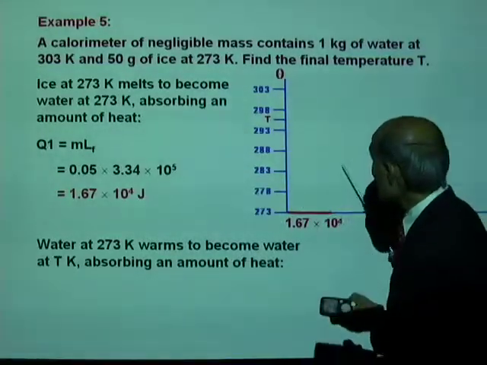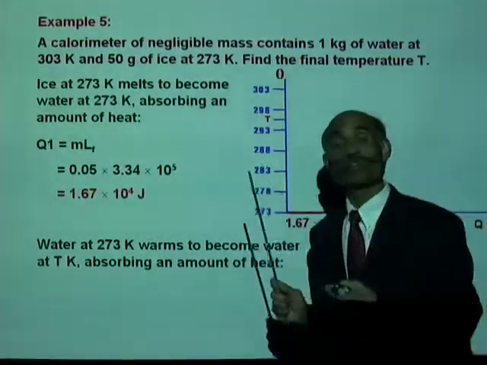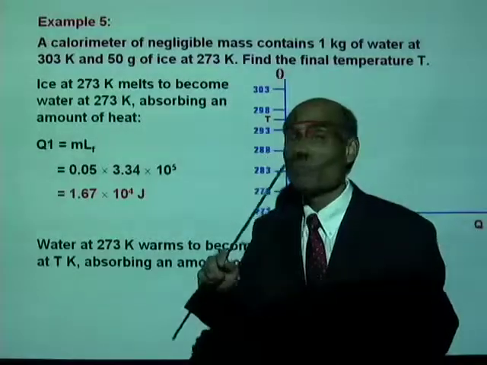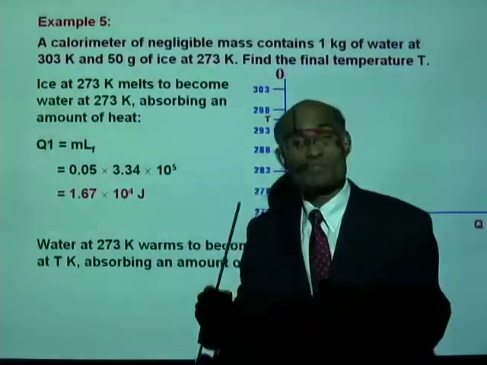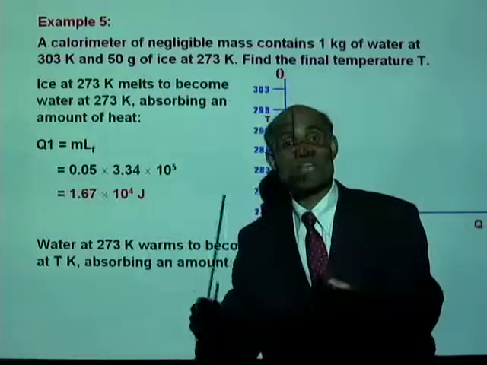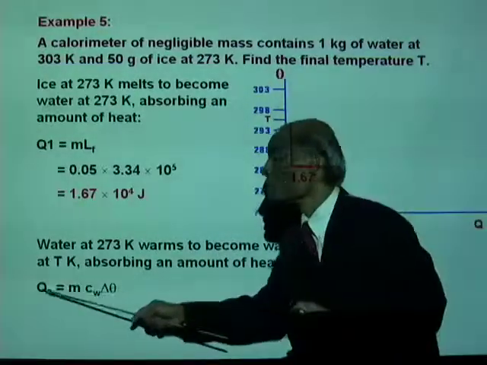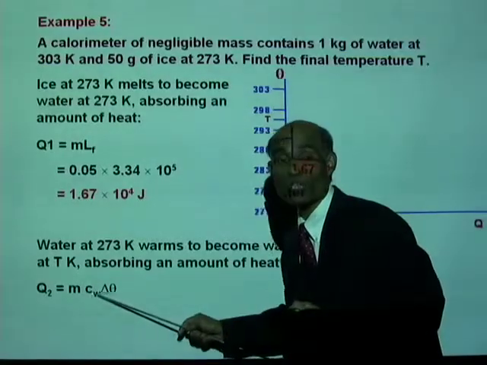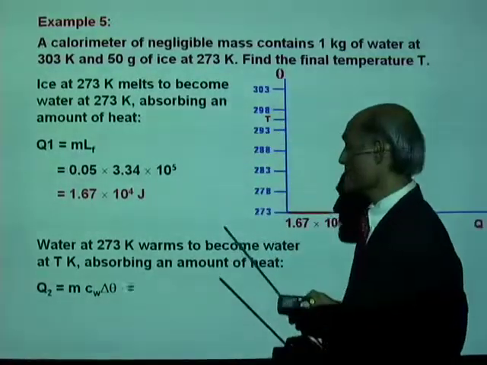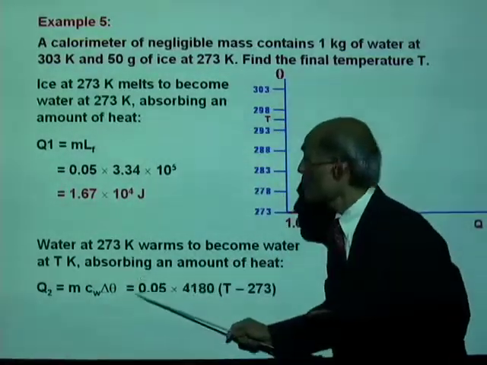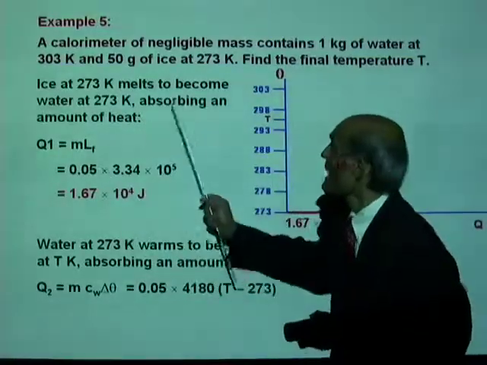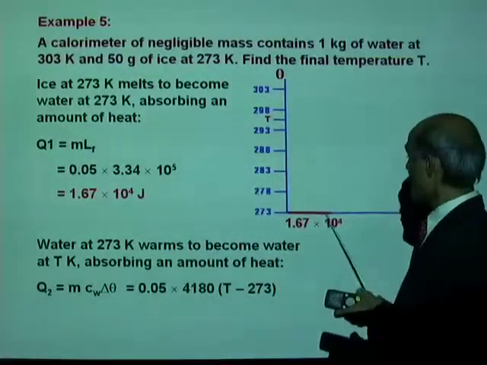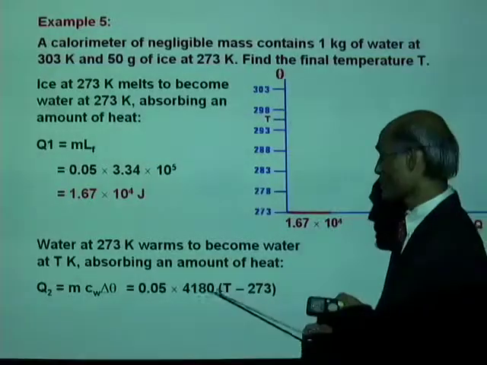Well, there is a change in temperature. Therefore, the amount of heat absorbed will be mass times specific heat times change in temperature. That will be Q2 is mass times specific heat of water times the change in temperature. 0.05, that is the mass of ice that is melted to become now water.